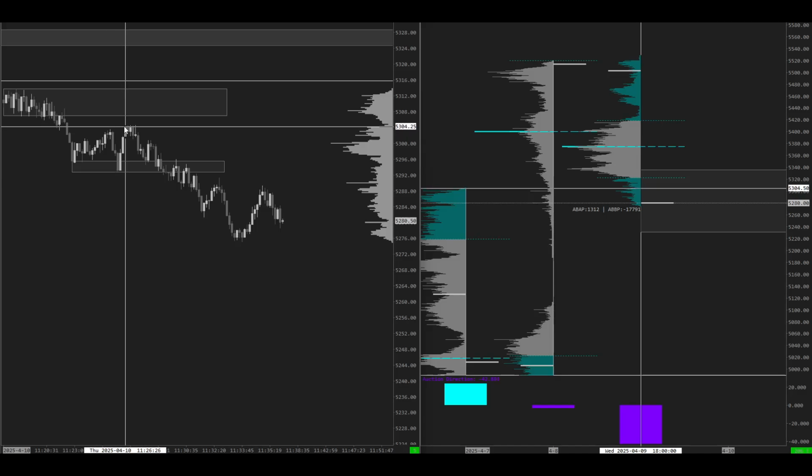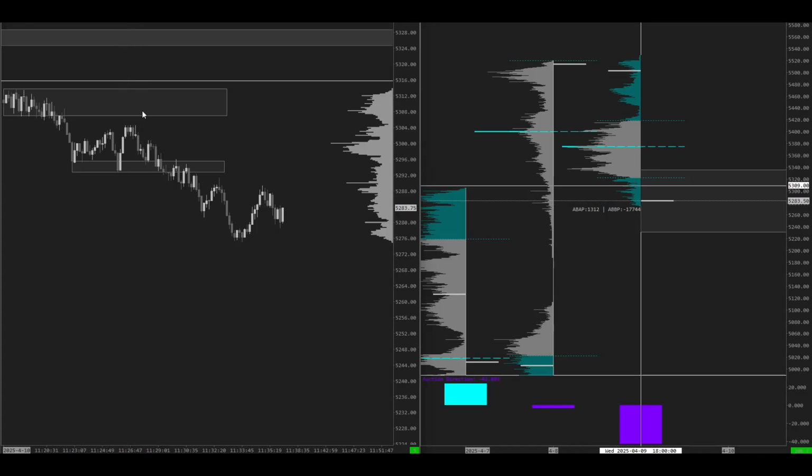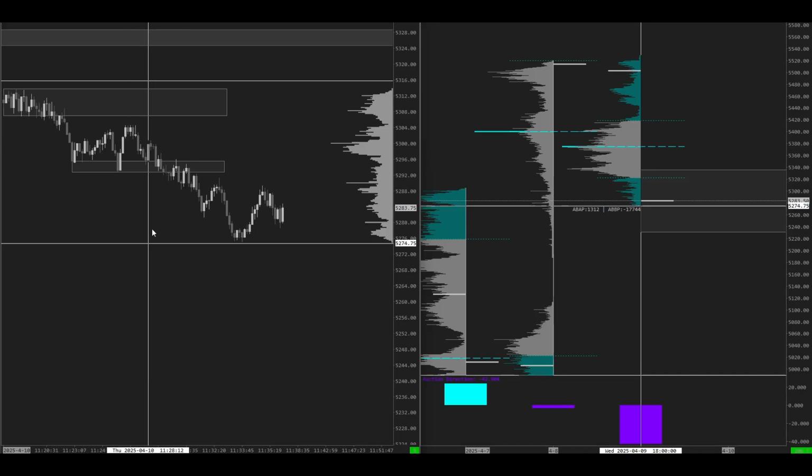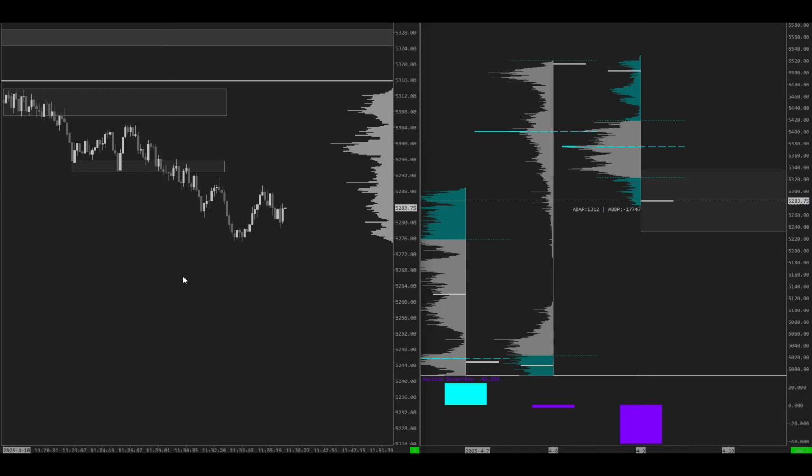Barely took that high out. You can see sellers are stuffing it right there and saying, nope, we're not going higher. Barely took it, and then we're a new low, so it's back on there.